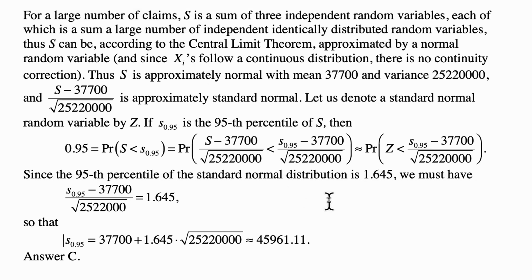So now corrected. It's 1.645 times the square root of 25,220,000. And that's approximately equal to 45,961.11, which is answer C.